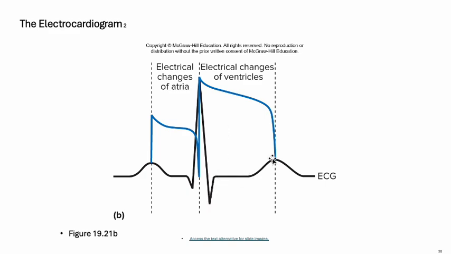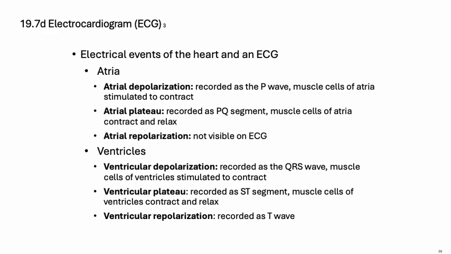So here's our S, here's our T, here's our ST segment, and then here's our long plateau phase for our ventricles, and you'll see that it aligns nicely. And then whenever we begin to have ventricular repolarization, that's about the time we see our T wave. So you can see that it corresponds nicely whenever you overlay the cardiac action potential over the normal EKG.